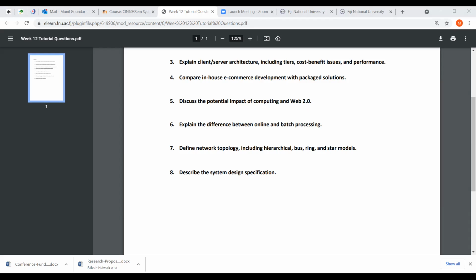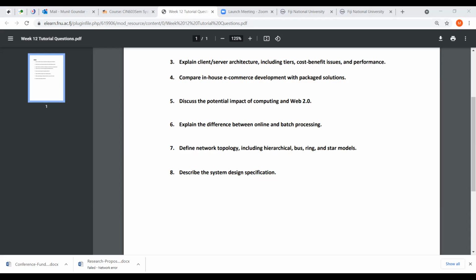Whereas batch processing requires no user involvement. Full stop. Let's put another difference.